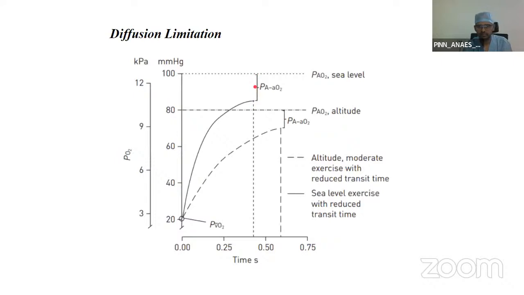So there will be an increased alveolar-arterial oxygen difference in partial pressures. Similarly, in individuals who are exercising at altitude, this drop is further aggravated because, one, there will be a decreased inspired oxygen tension, and two, because of reduced red cell transit time, as well as increased oxygen extraction at the tissue level.